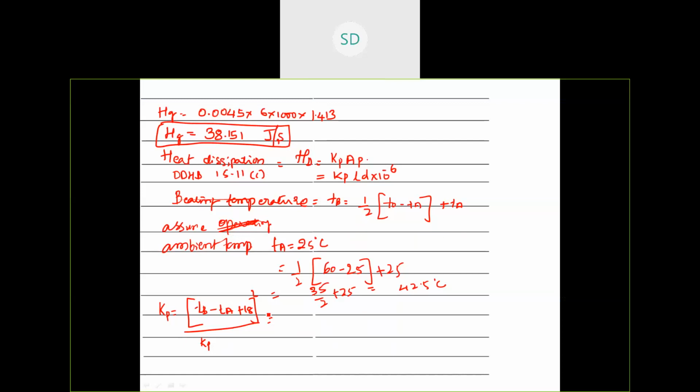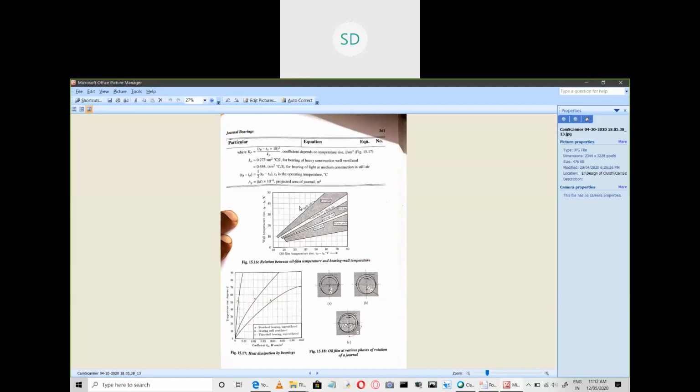Right. So now let us go for the calculation of capital Kp. Now for capital Kp, we got Tb. Tb is 42.5 minus ambient temperature 15 plus 80, it is a square. So let us assume heavy construction, well ventilated.